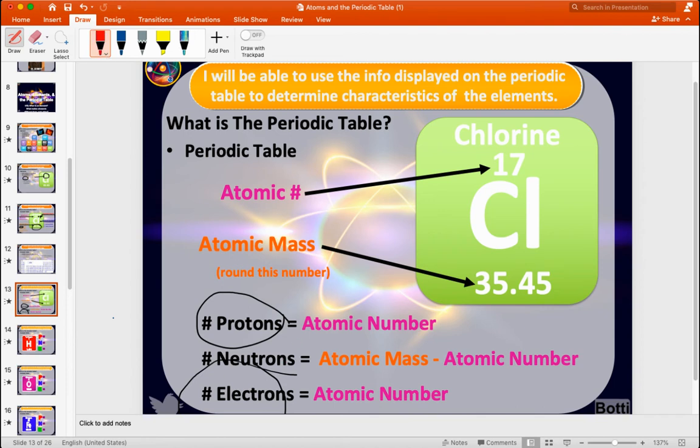With neutrons, we have to do a little bit of math. We're going to do some subtraction. We're going to look at our atomic mass, which is this right here, and we are going to round it to the closest whole number. When we round, we're going to look to the tenths place.